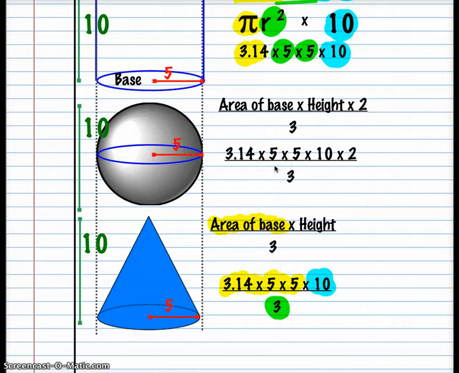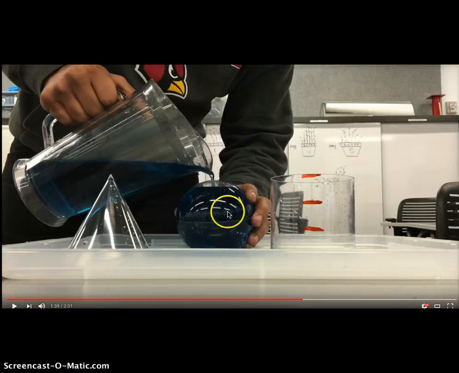Okay, now off to volume of a sphere. Okay, so here's a sphere. This is a different person. He does a sphere. They're the same height and the same radius as this cylinder, and he's going to fill it up with this blue water, and we'll see how many times it fills up this cylinder.